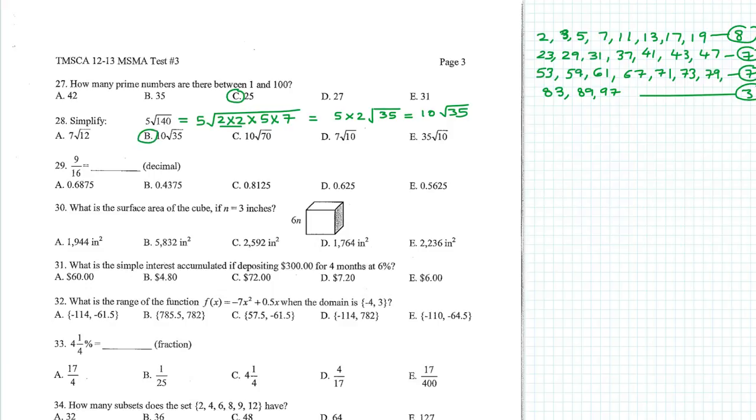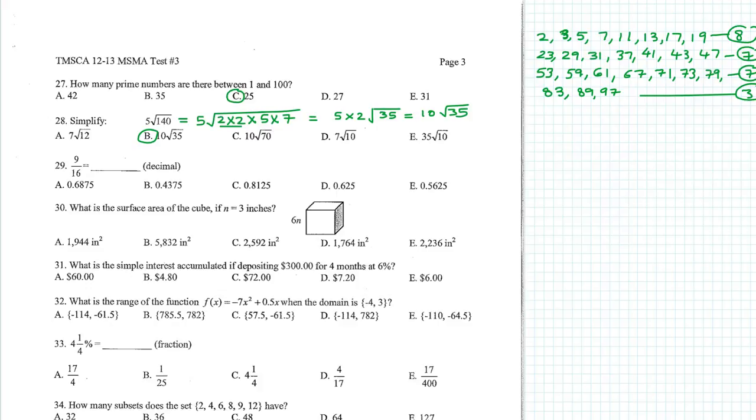Question 29. 9 over 16 is equal to what number in decimal format? So 9 is slightly above half of 16. So this is more than 0.5, because 8 over 16 is 0.5. So 9 over 16 will be slightly more than 0.5.